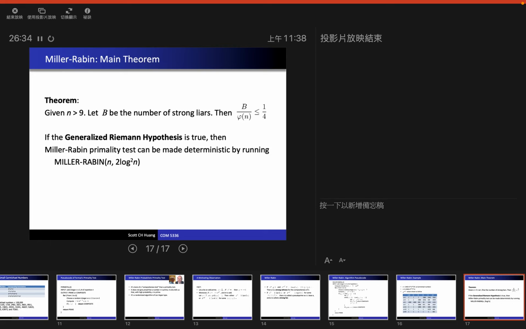We assume Miller-Rabin is run m times. One time the chance of a strong liar is 1/4, and two times it is 1/4 squared, so it decreases exponentially. So you only need to do it roughly log n times and it's already very accurate. So roughly speaking, if you do that log n times, then the probability of failure is really small. So practically, if you want to control the failure probability to 10 to the power of -5, it's very easy to do that because in engineering, this is what we want, right?